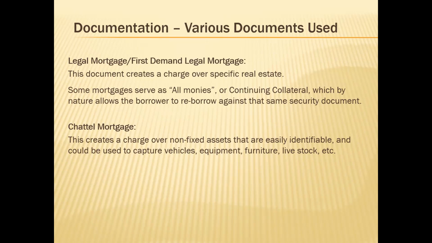But both the further charge and the second mortgage must refer to the first mortgage. It must acknowledge that there is a first mortgage outstanding, whether you use a further charge document or a second mortgage document. Is that clear?